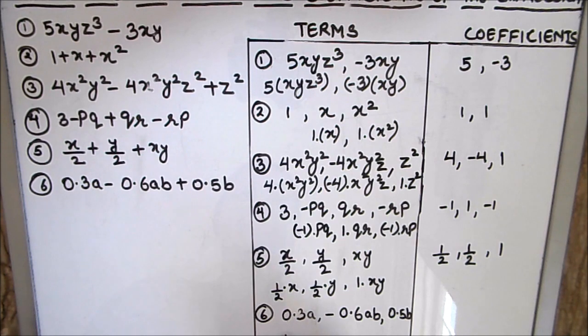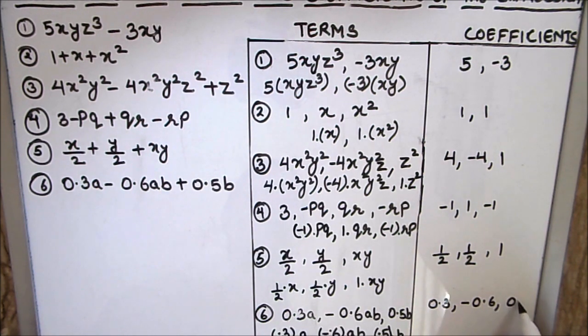The coefficients are 0.3 times a, negative 0.6 times ab and 0.5 times b. So the coefficients will become 0.3, negative 0.6 and 0.5. These are all the coefficients in this expression.